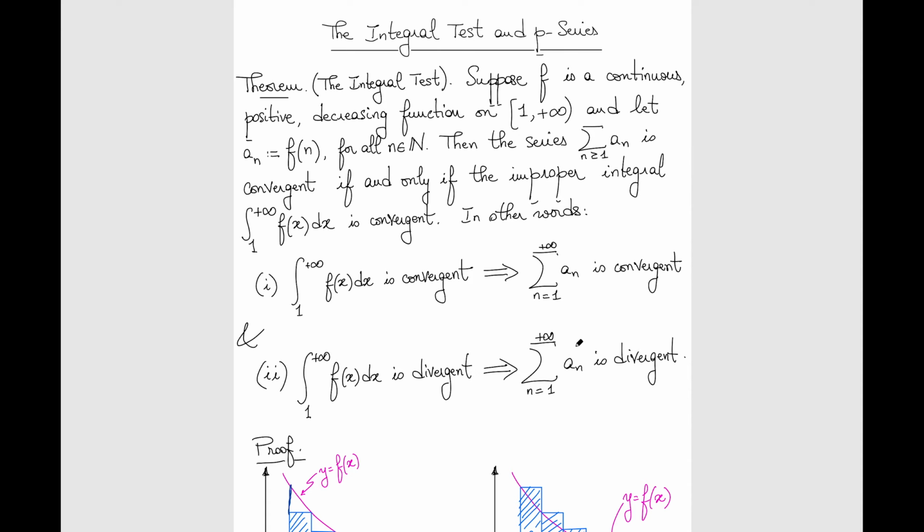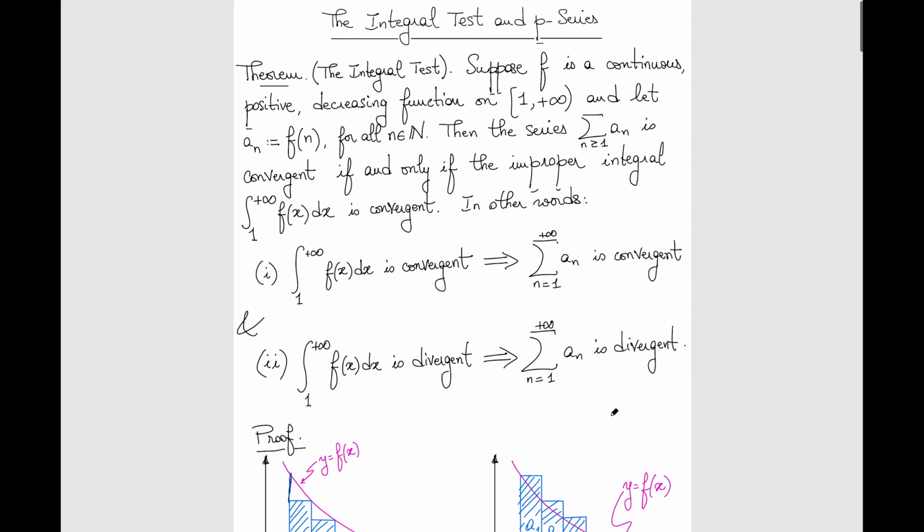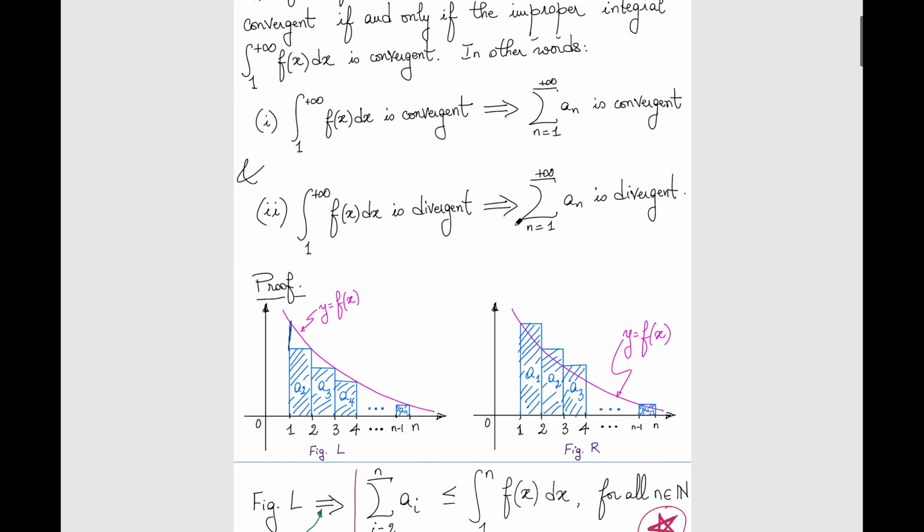Remember, the concept here, divergence in this case means that the series is going to be plus infinity because all the terms are positive, right? All the terms are positive since the function is positive. So if you add a finite number to plus infinity, that remains plus infinity, no problem. Okay, so it comes down to finding which case do I have, the part 1 or the part 2, and then we infer accordingly.